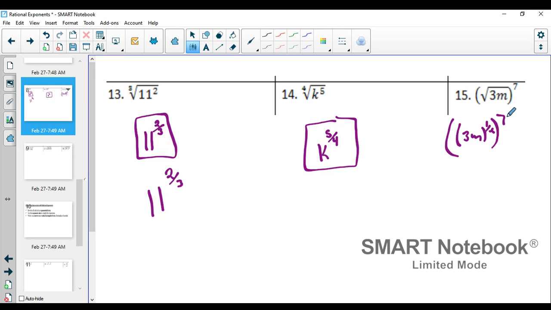So what we do is we multiply these two things together. So 7/1 times 1/2. So we have 3m, and then it's the 7/2 power. And there we go. And that's the final answer for that one.